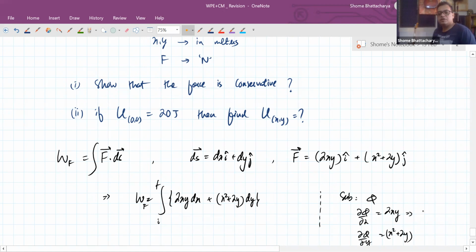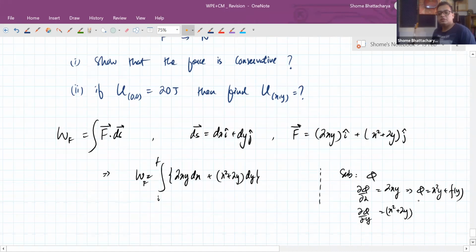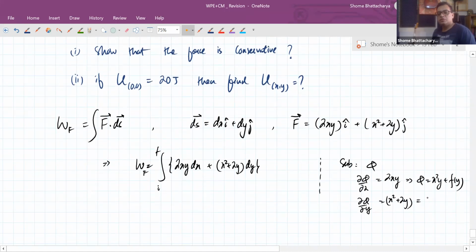So this would tell us that phi is x square y plus some kind of function of y, and this would tell us that phi is equal to x square y plus y square plus some kind of function of x. So relating these two, we could just write phi as x square y plus y square plus some constant, where by default we can take the constant as 0.